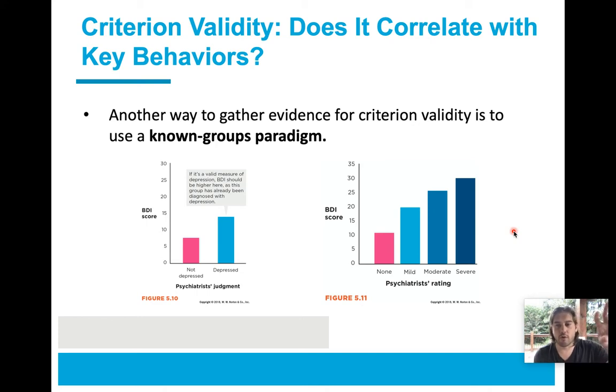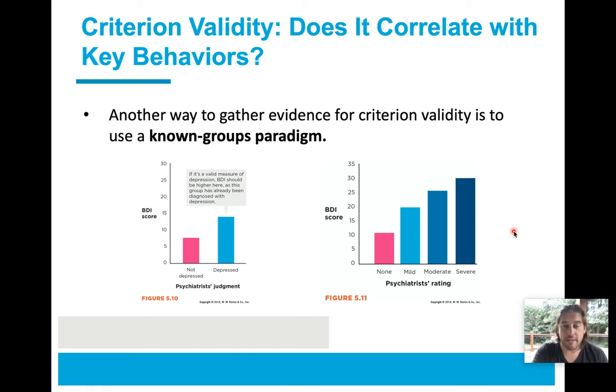So if I have a group of depressives and a group of non-depressives, then presumably, if my depression measurement tool has criterion validity, if it actually measures depression, then the group who is known to be depressed should score higher on that measurement tool than the group who we know is not depressed.